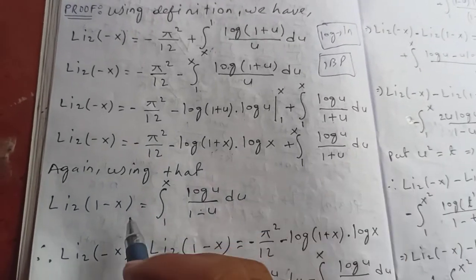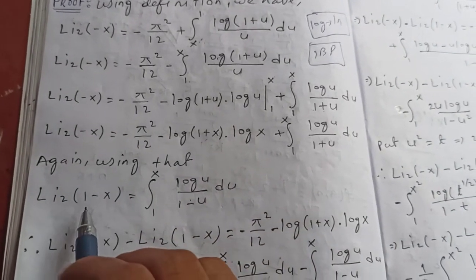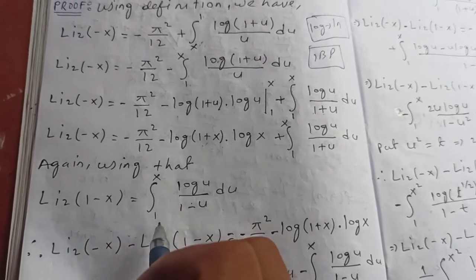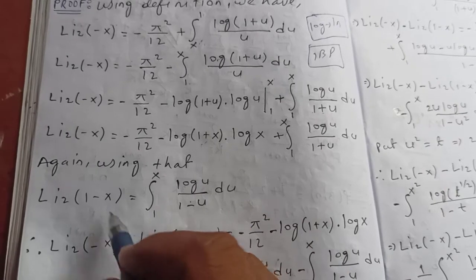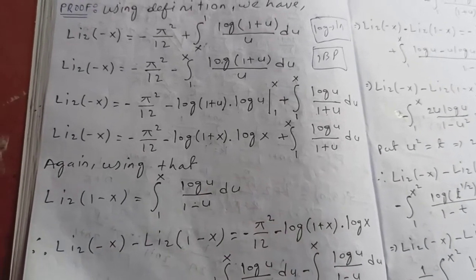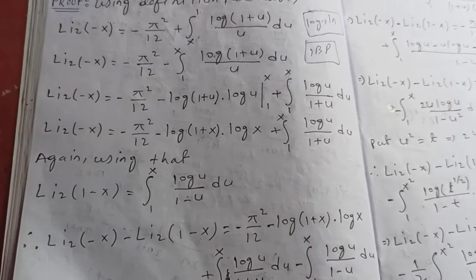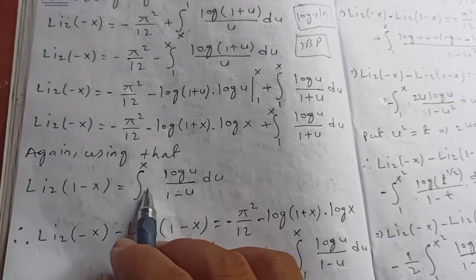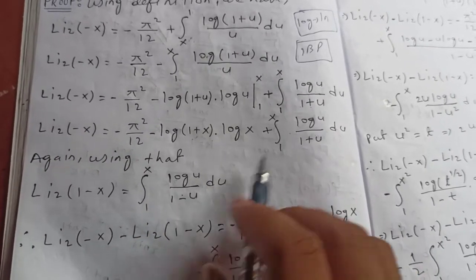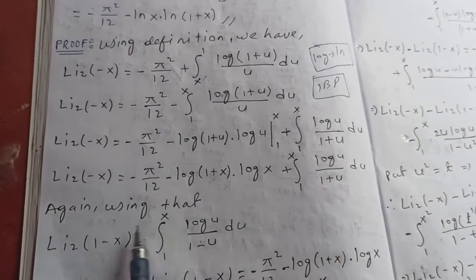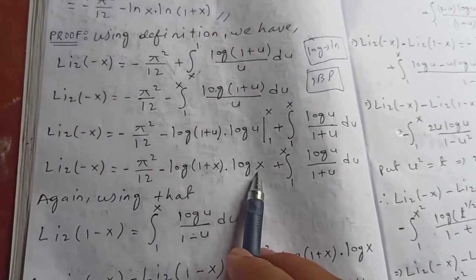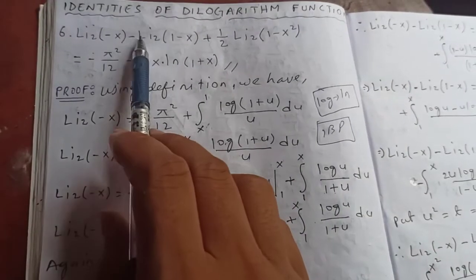Again, Li2 of 1 minus x is the integral from 1 to x of log u upon 1 minus u du. You can also get this in the integral representation of the dilogarithm. These two are a bit similar, so now we combine them, and we have to subtract here.